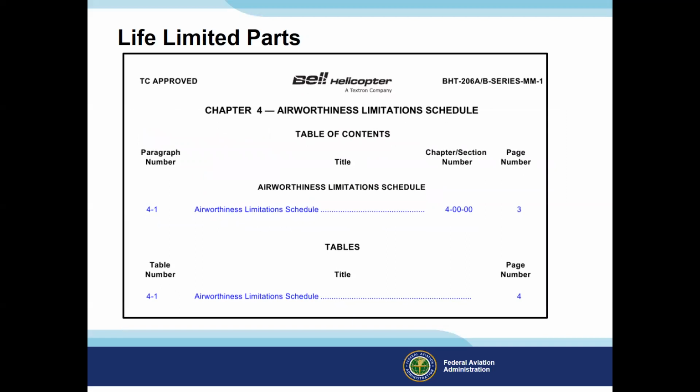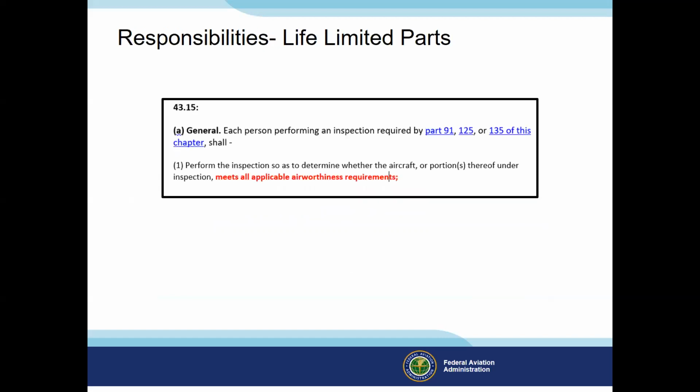Here's a Bell helicopter. Chapter 4 is the airworthiness limitations section. And usually helicopters have a lot more life-limited parts listed than a fixed wing. Now, the responsibility for life-limited parts falls on the person removing the part.